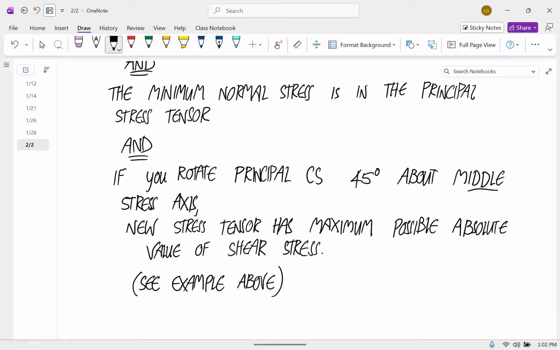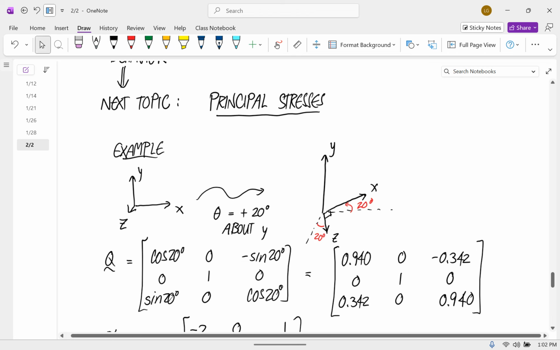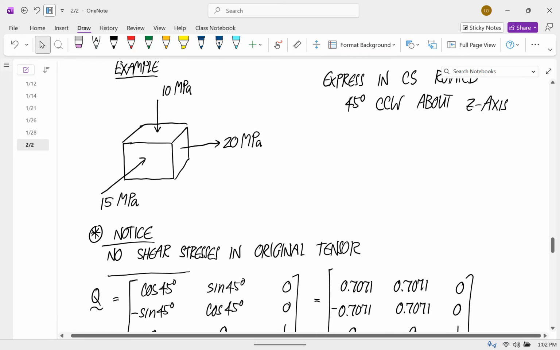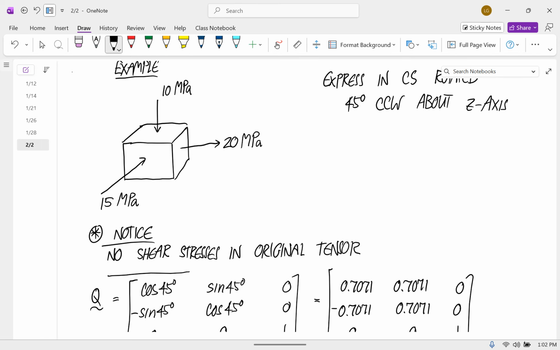And those are all really useful things for predicting fracture. So let's look back at the example. In this one, notice that I started with a principal stress tensor. I started with a state of stress where there were no shear stresses.